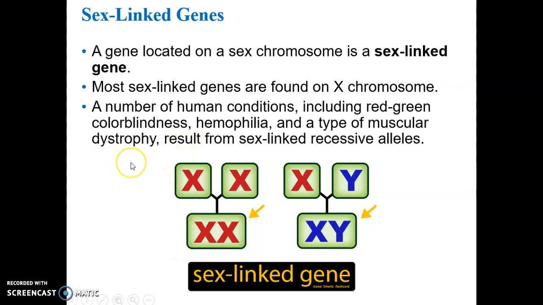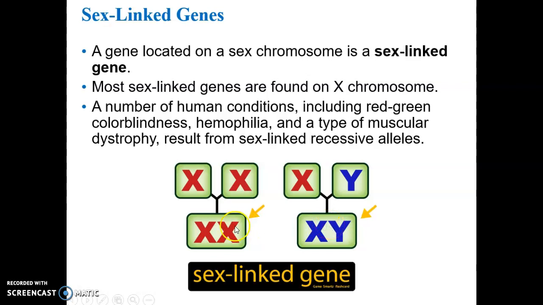A number of human conditions like red-green colorblindness, hemophilia, and certain types of muscular dystrophy result from sex-linked recessive alleles, which is why if you have colorblindness, hemophilia, or muscular dystrophy, you are most likely to be male, because you only need one copy of that defective allele to get the disorder.